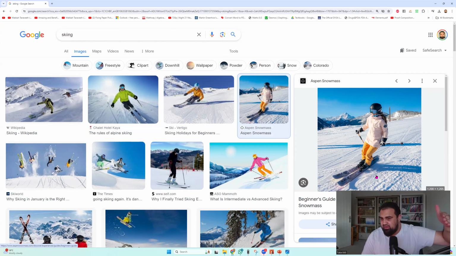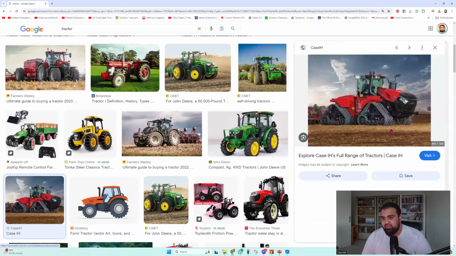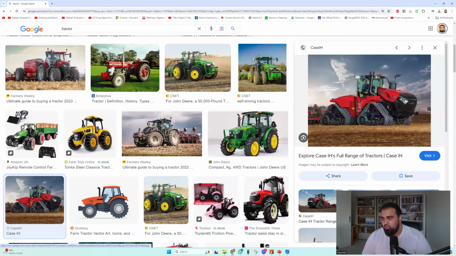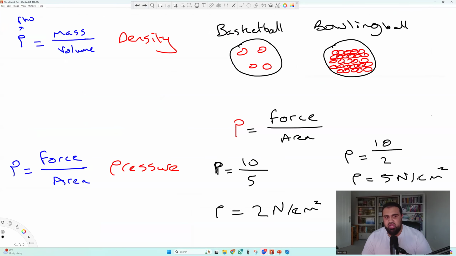Is that understood, everybody? Here's another example. If you look at a tractor, there are these different types of tractors. Look at this. Why do you think the wheels are shaped like this? So just get rid of the formulas for now.